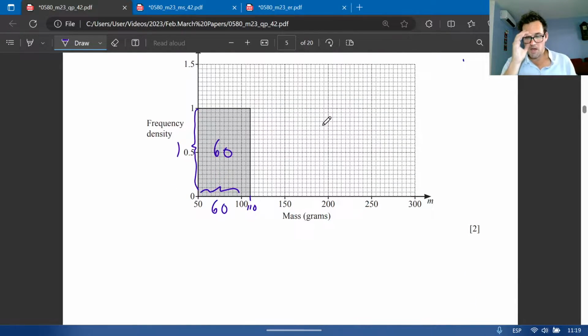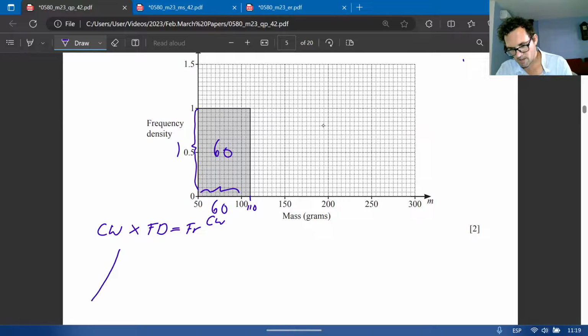So the formula is: class width, how wide it is, times the frequency density equals the frequency. If you want to draw a triangle for this, it's always the frequency, how many there is, equals the class width times the frequency density.